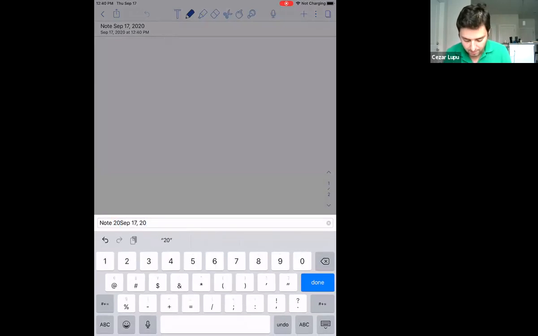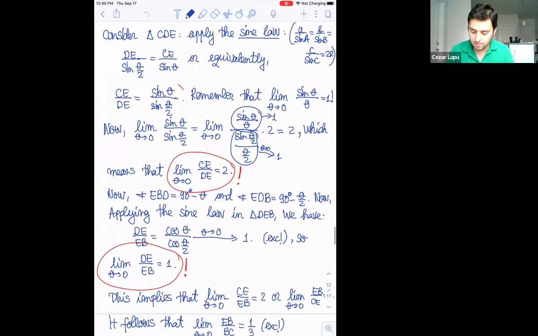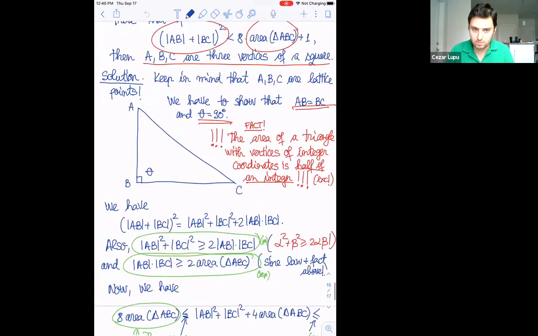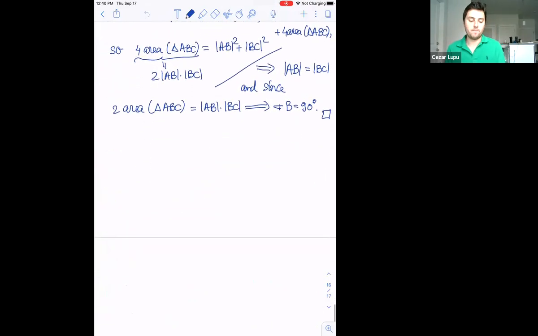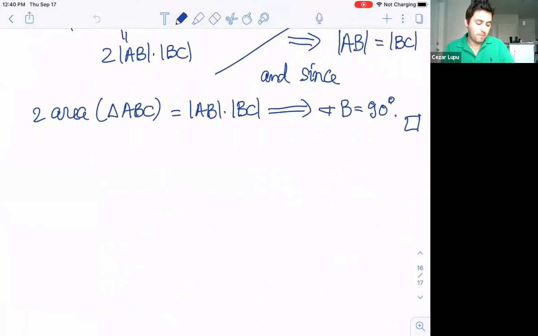Let me continue from here. So we will talk about vector geometry.